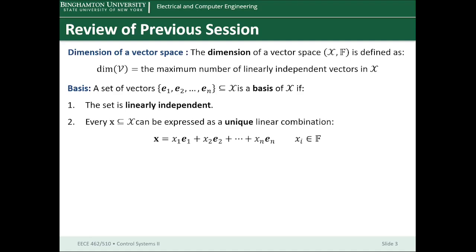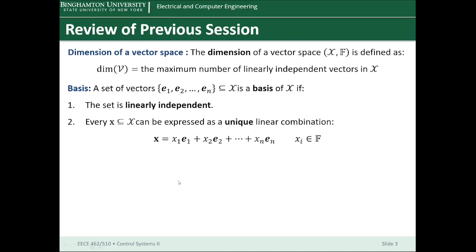This set is linearly independent, and every vector in X can be written uniquely as a linear combination of e1 through en. The word unique is very important in this definition. This means that for each vector in X, there is one and only one way to express it using these basis vectors.